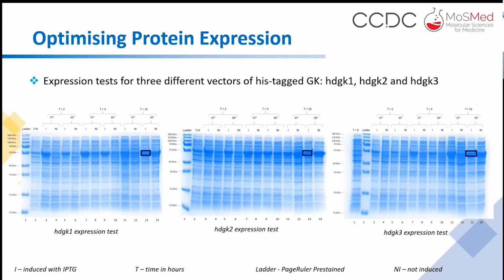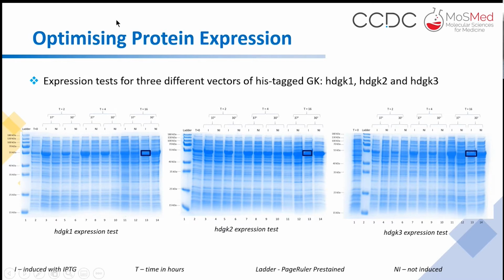When it comes to optimizing protein expression, I designed 3 different codon-optimized vectors to allow me to express glucokinase. I performed expression tests for these, and these can be seen in the gels right here. At the start, I varied different factors, including the time of expression, the temperature, and whether I used IPTG to induce or not.